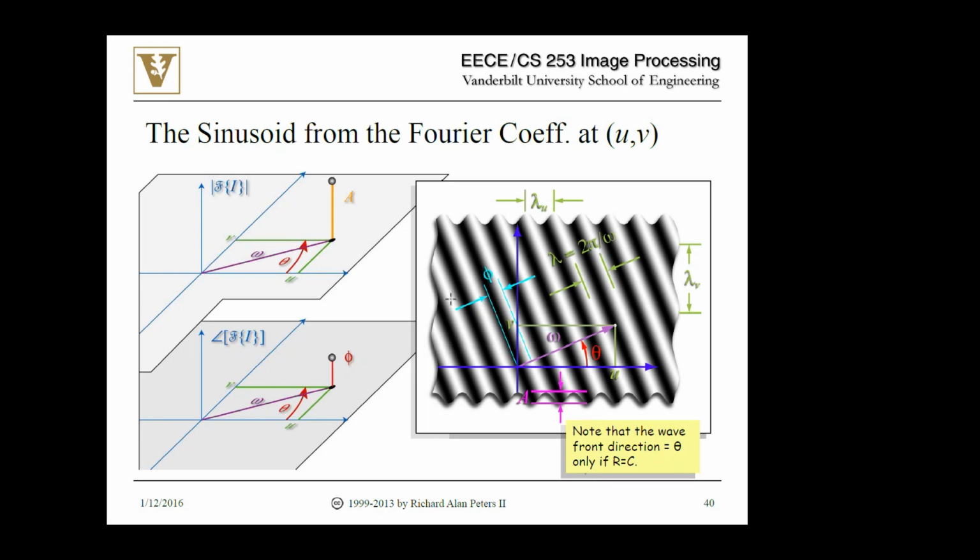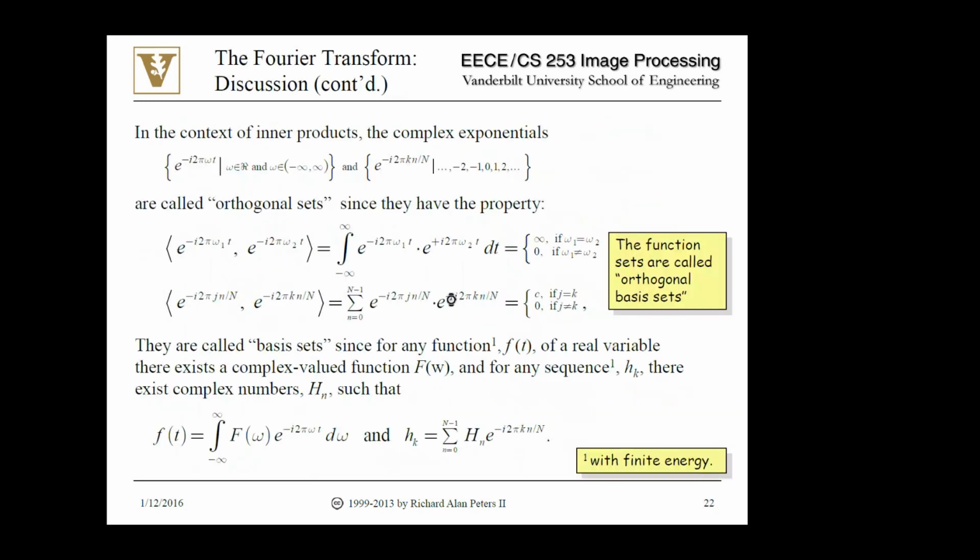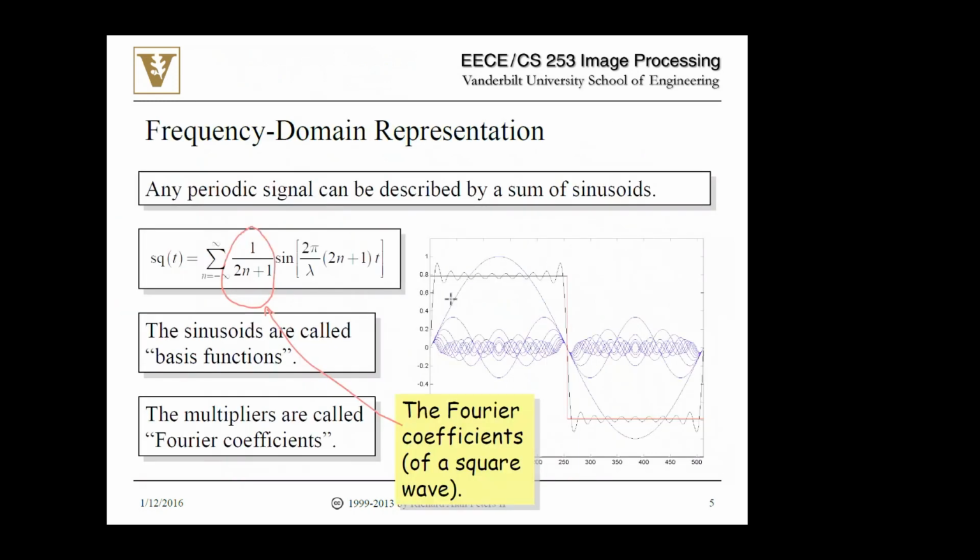So, do you remember this drawing at the beginning? We were saying any 1D signal can be decomposed as a sum of waves where you are controlling the amplitude, the phase, and the frequency. It's the same.